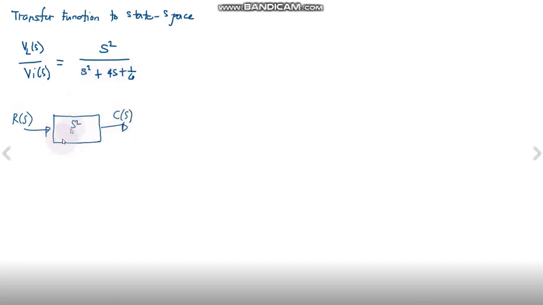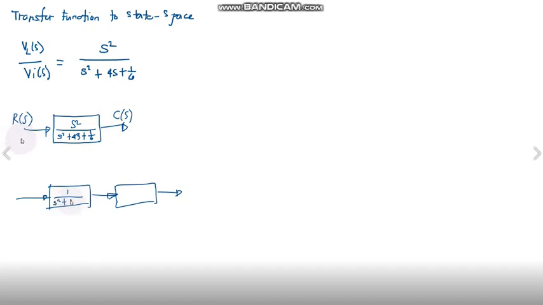Please note that the illustration of the transfer function is our system with transfer function s squared over s squared plus 4s plus 1 over 6 is representing or modeling the system, and the input is R(s) and the output is C(s). And so in this case, the V_o(s) over V_i(s) will be C(s) over R(s).